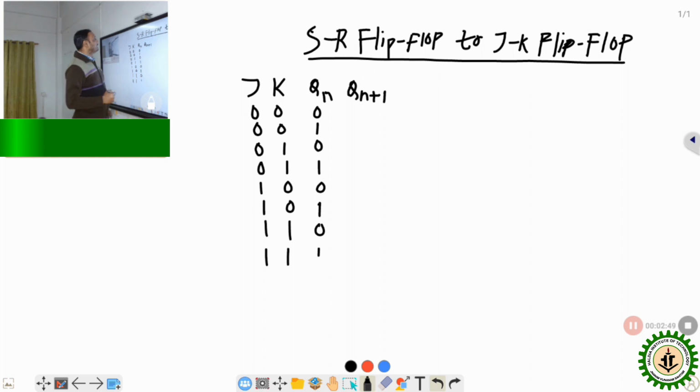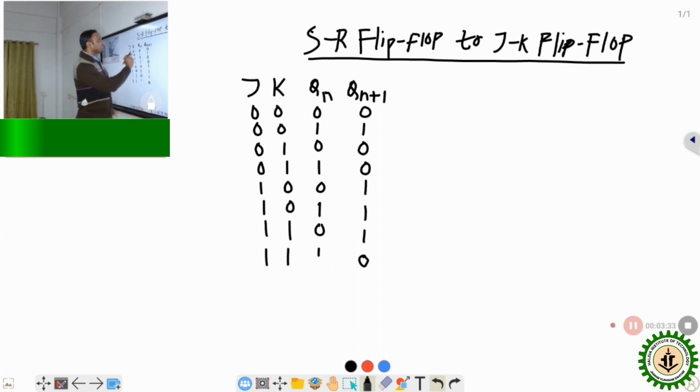Whenever J and K are both 0 and Qn is 0, the next output will also be unchanged, that is 0. For 0 0 it is no change, so it is 1. For 0 1, it depends on the J value, so 0. For 1 0, it depends on the J value, so 1. For 1 1, it will be the opposite value of the present output, so 1, and for present output 1 it is 0.